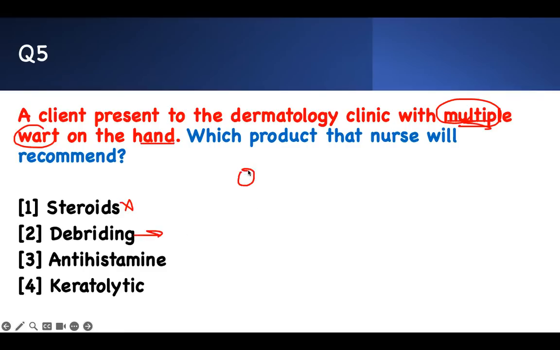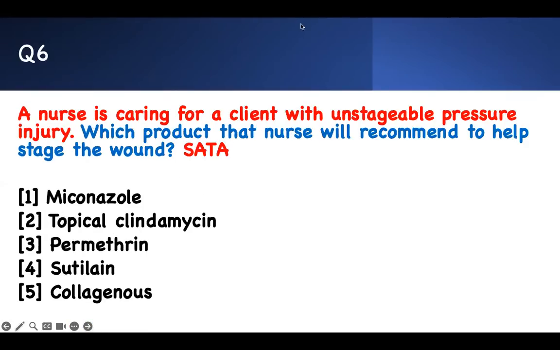There's no necrotic or dead tissue to debride. Antihistamine? There's no itchiness. This is keratolytic, something on the skin. I want something to destroy the keratin to make it smooth and soft. So a keratolytic agent is what you're going to use. You have to look at the words and play a word game with questions like that.